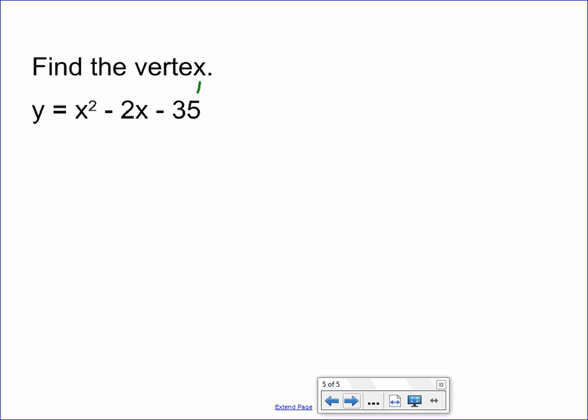Okay, so you should have added 35 to both sides, and you'd get y plus 35 equals x squared minus 2x. Then we take half of negative 2, which is negative 1, squared is 1. So I'd add a 1 to both sides.